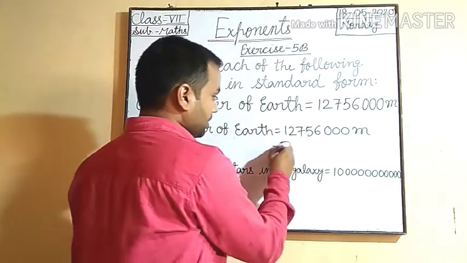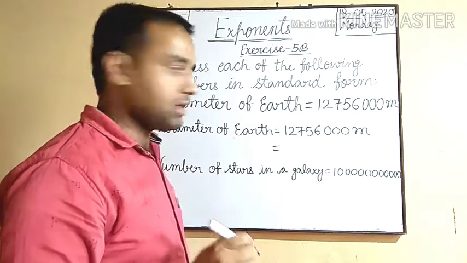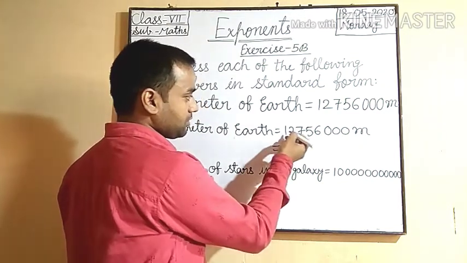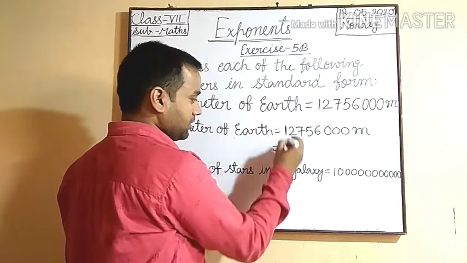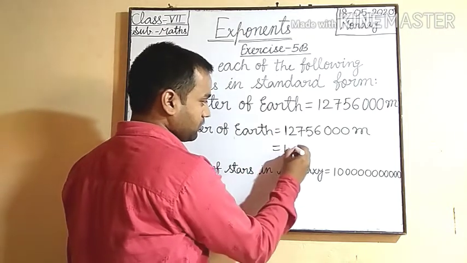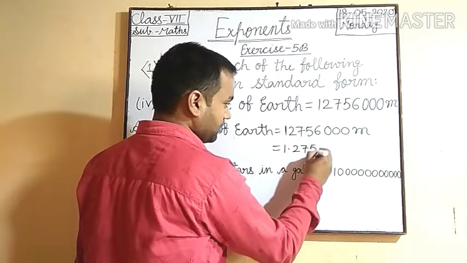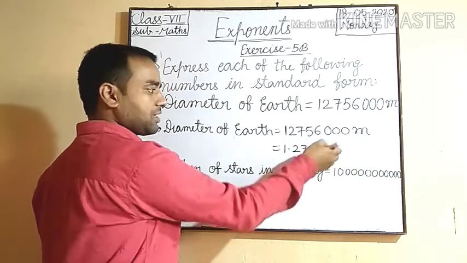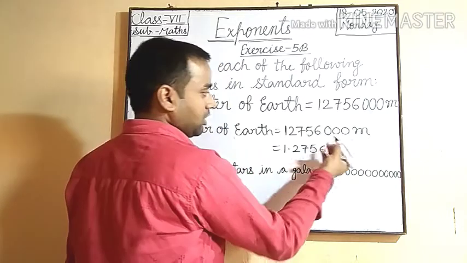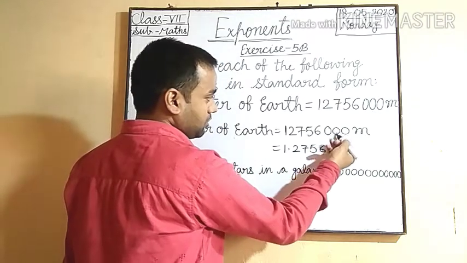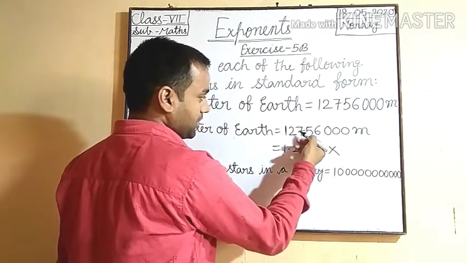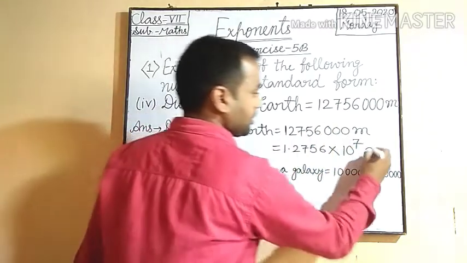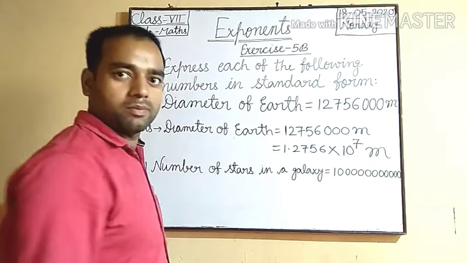Change into the standard form by putting the decimal after one digit, meaning 1.2756, and the last 0s have no weightage in decimal, so do not write them. Into, counting here 1 2 3 4 5 6 7, the 10 power of 7 meter in a standard form.